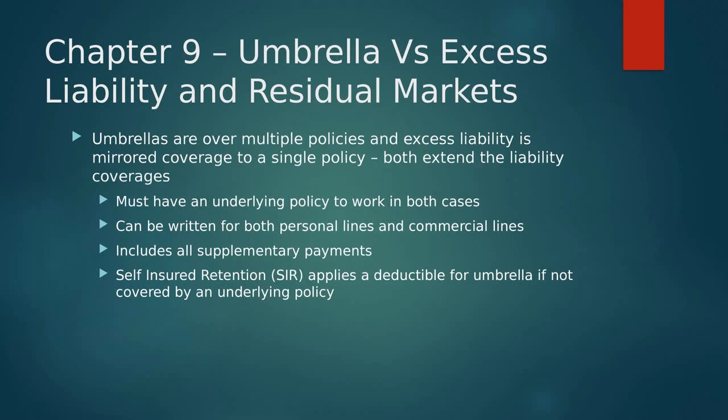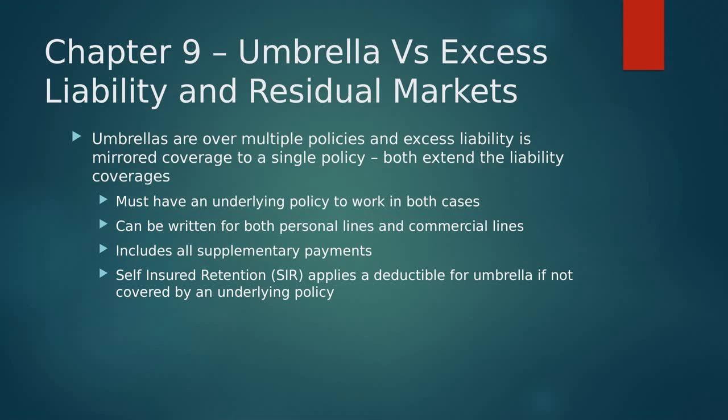And there is a concept of a situation in which an umbrella does cover a condition for liability that is not covered under an underlying policy. This is not a violation of the umbrella, meaning that the policies did have an underlying policy situation that would cover in those situations, but there are sometimes some things that would fall under the coverage of the umbrella but just do not fall into one of the underlying policies.